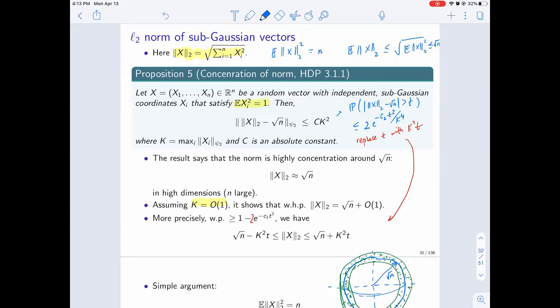These types of results are all about the scaling. This is roughly the scaling in cases where the expectations of xi squared are constants. It doesn't matter what constant, as long as they're within the same sort of constants of each other. Say one is 1, the other is 2. Then the scale would be root n. Otherwise, the scale would be different.